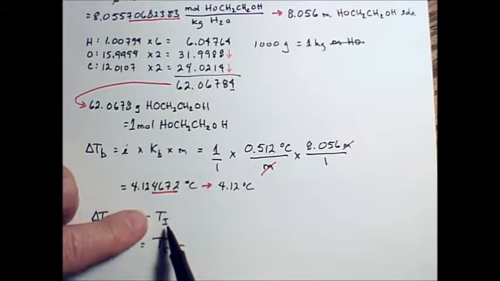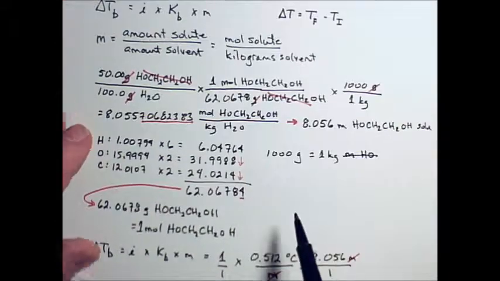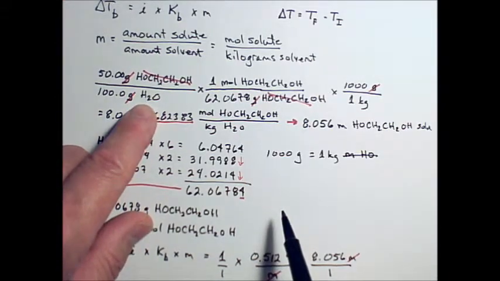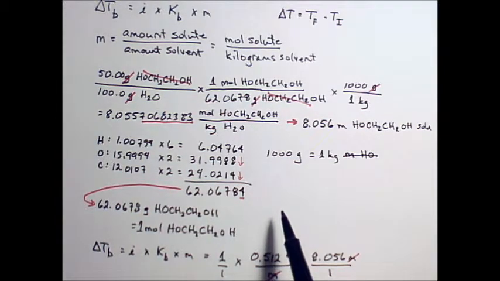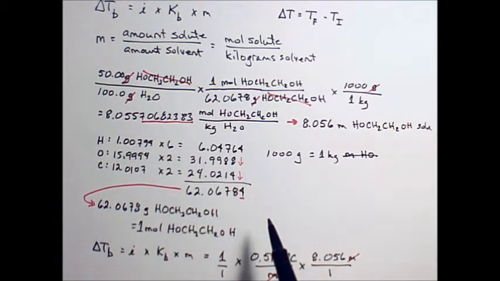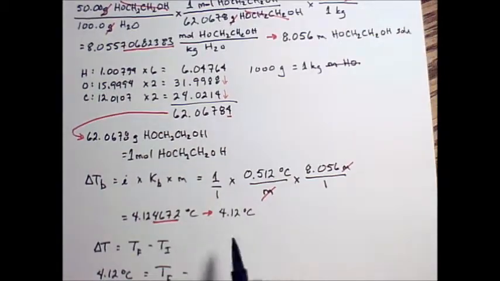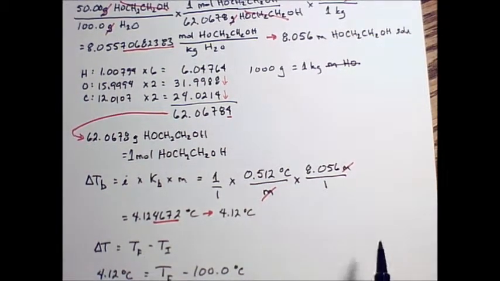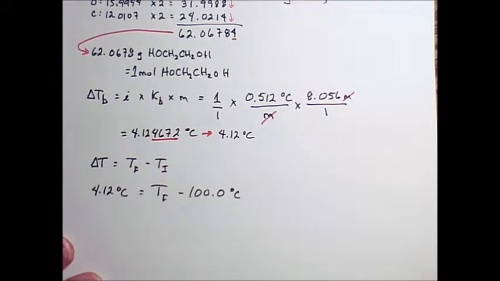So we're working with a solvent of water. It's on the bottom of the fraction here. And water's initial boiling temperature, the boiling temperature of pure water, is 100.0 degrees C. Just as we did in the last unit, we want to isolate the unknown.